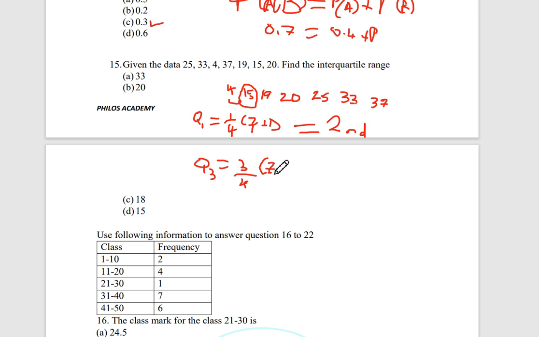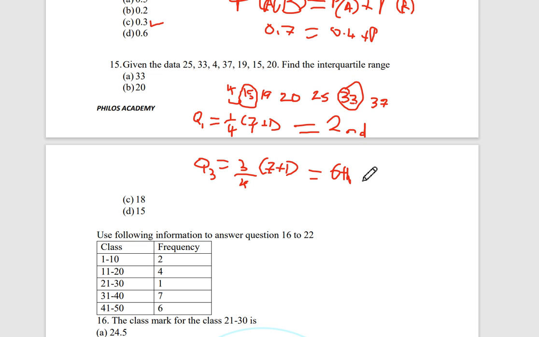You add 1 to the number of values. So 7 plus 1 gives you 8. 8 times 3 is what? 24. And 24 divided by 4 is 6. So that's the sixth position. To get the sixth position, you count 1, 2, 3, 4, 5, 6. So 33 is at the sixth position. Okay.